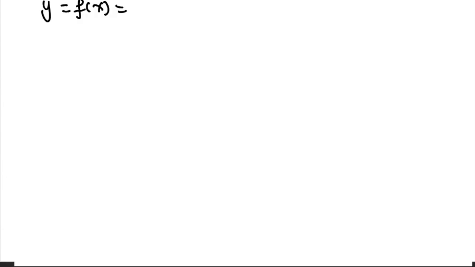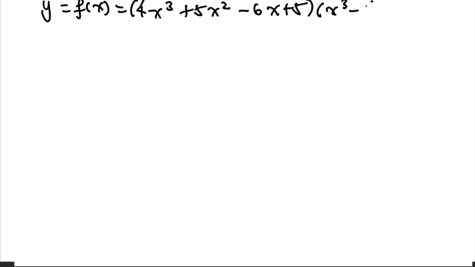So, (4x cubed plus 5x squared minus 6x plus 5) in bracket, multiply by (x cubed minus 4x squared plus 1). That's it. So y prime at x equal to 1 is equivalent to what?